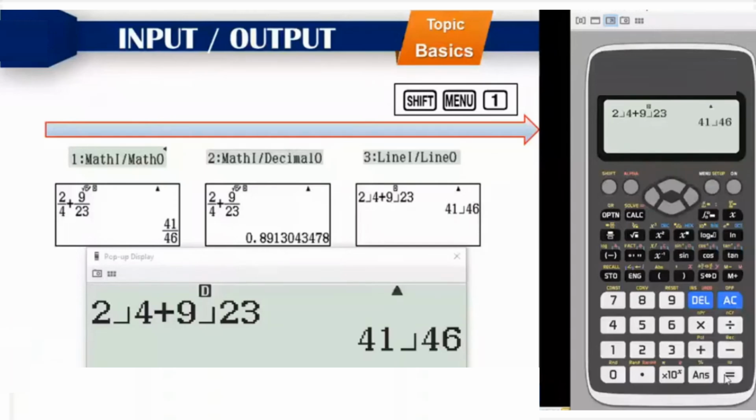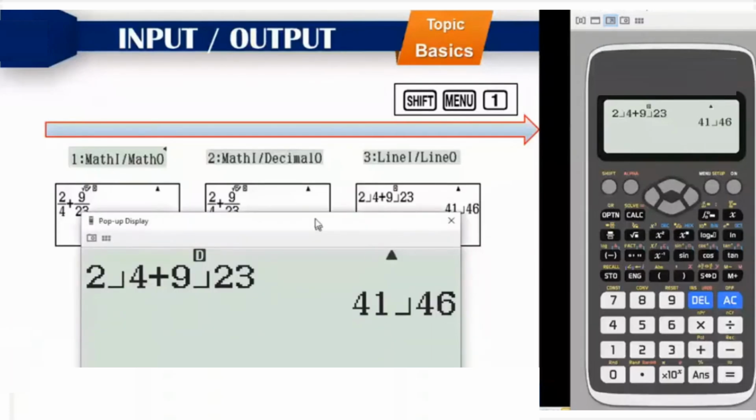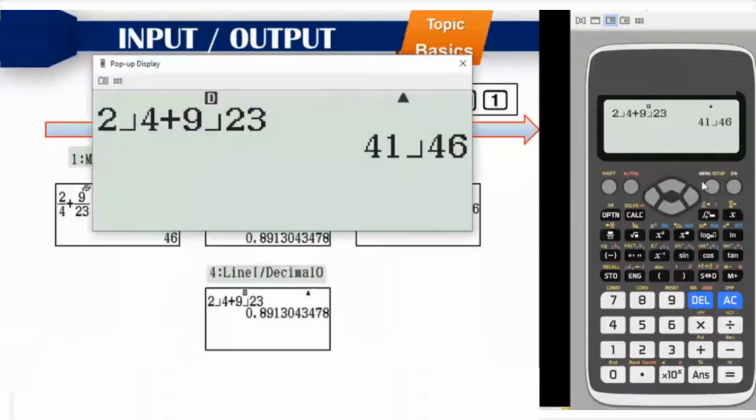I hope I'm clear. And last but not the least, the fourth option is same question, but line 1 means it has to be written in a single line, and decimal O or decimal 0 means it has to be written in decimal.